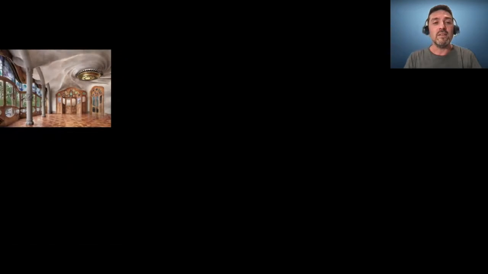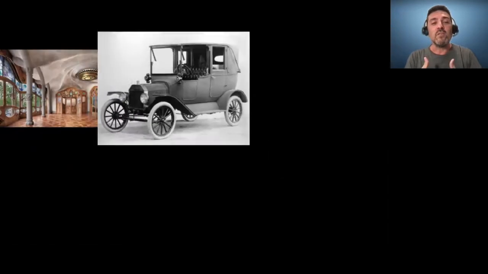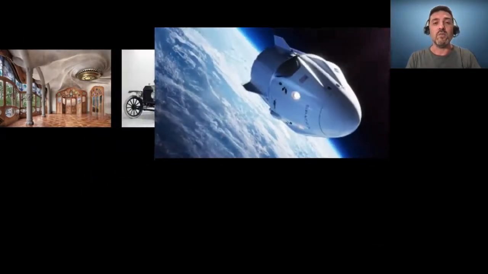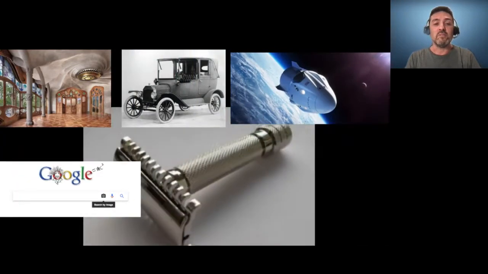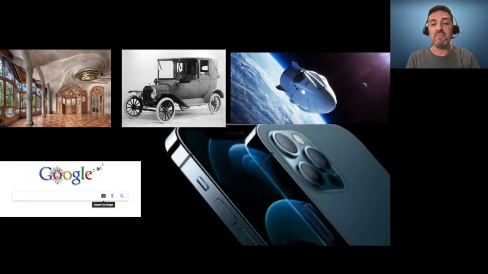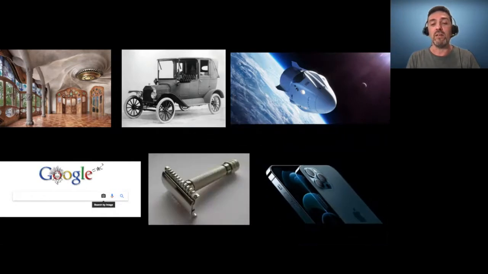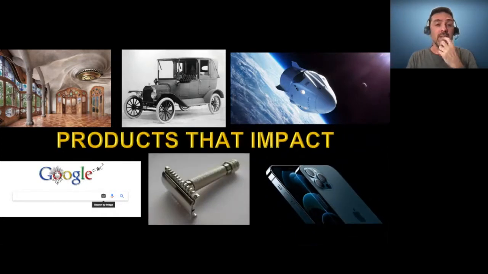But there are some products that are really noticeable, right? And all these products that you are seeing here are products that, even though I don't tell you about their brands or names, you probably recognize them. Those products really create an impact through the generations.